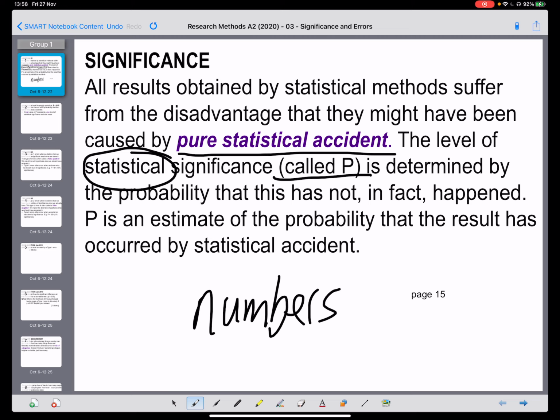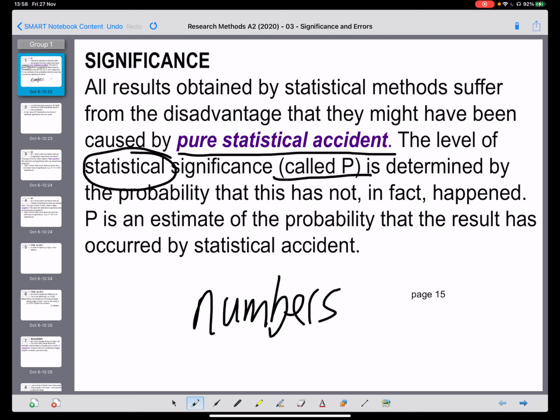Most statistical tests are ultimately asking, are the numbers that have come from the experimental data, could they also have just been generated randomly? If the answer is yes, then it was pure statistical accident, and therefore we say it is not significant.